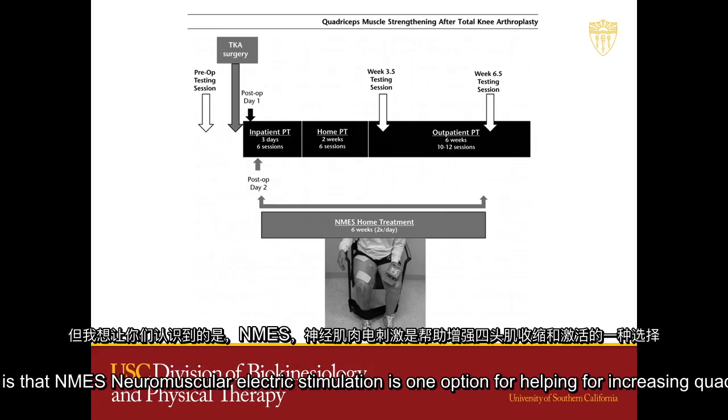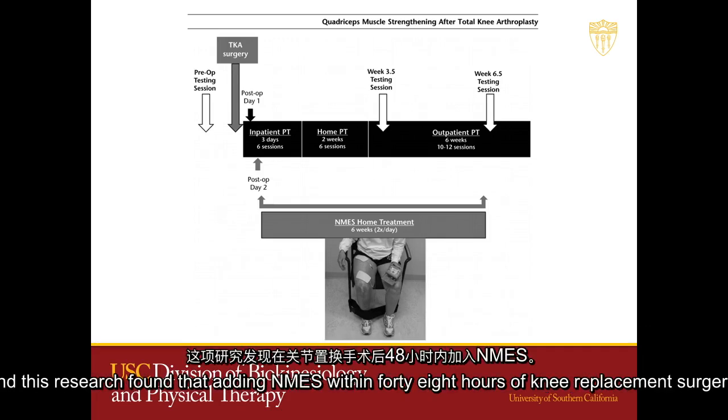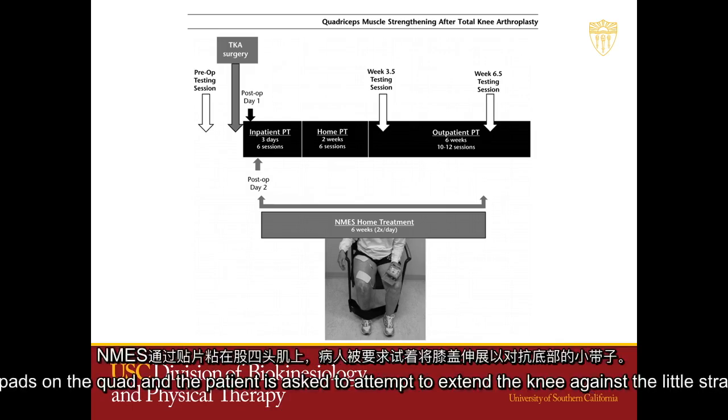But what I want you to recognize is that NMES, neuromuscular electric stimulation, is one option for increasing quadricep contraction and activation. And this research found that adding NMES within 48 hours of knee replacement surgery, and you'll see here they've set it up where the NMES has pads on the quad, and the patient is asked to attempt to extend the knee against the little strap there on the bottom.